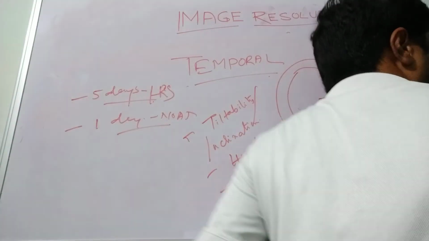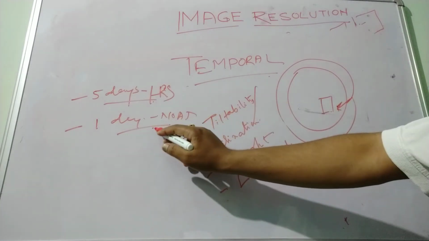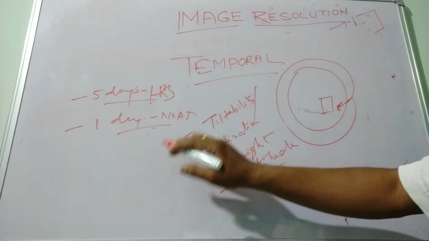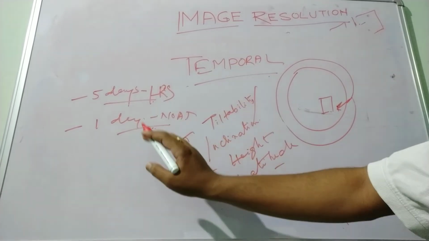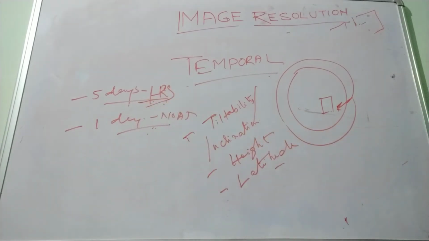So better is the sensor or satellite having the capability to collect information from the same object from the same viewing angle 1 day later, whereas here the sensor can collect this information only after 5 days.